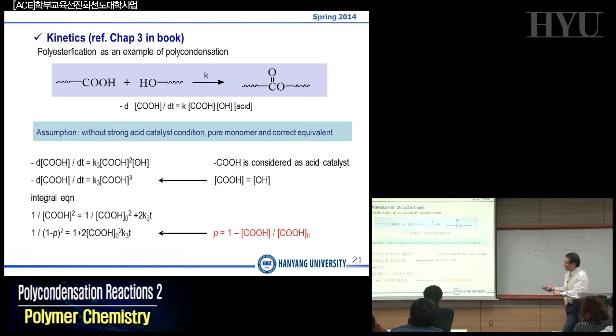If we integrate this equation, the second equation, then it comes up with 1 over COOH to the second is equal to 1 over COOH naught to the second, of course, with the initial concentration, plus 2 times K3 times t.